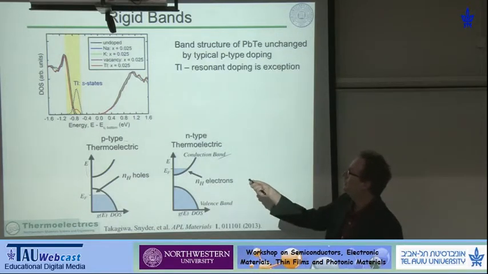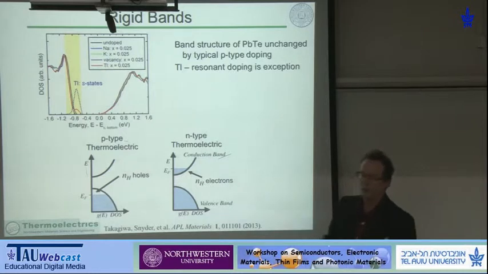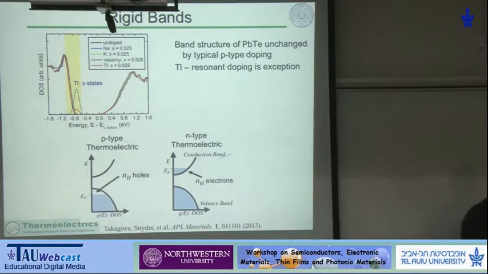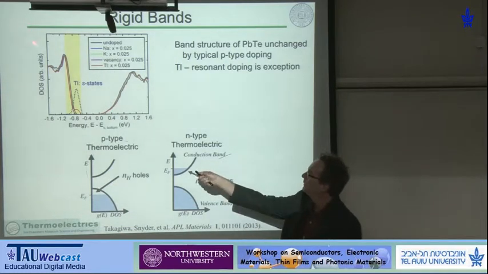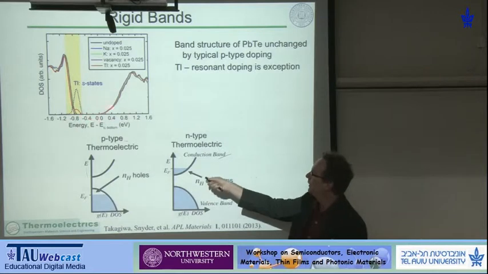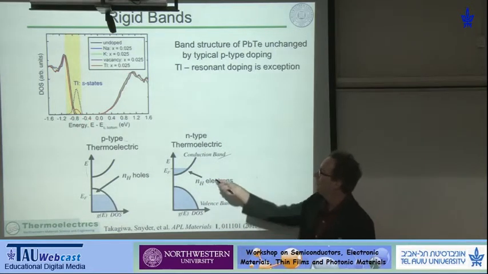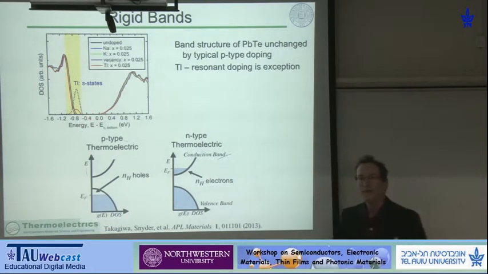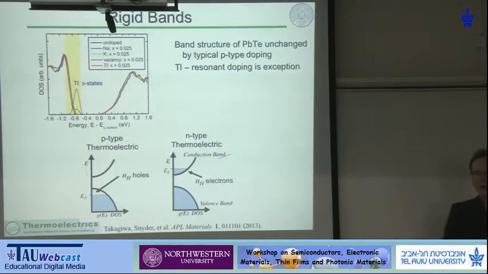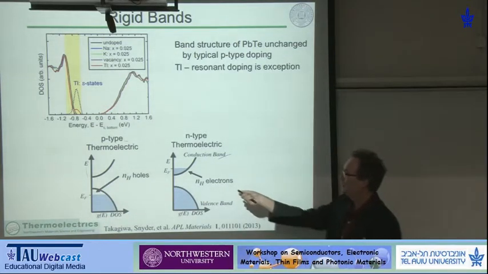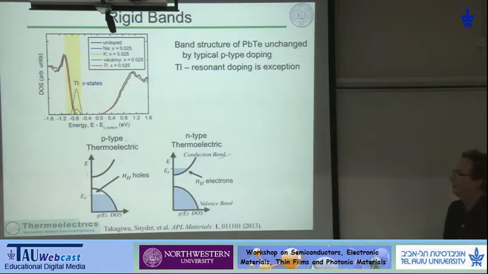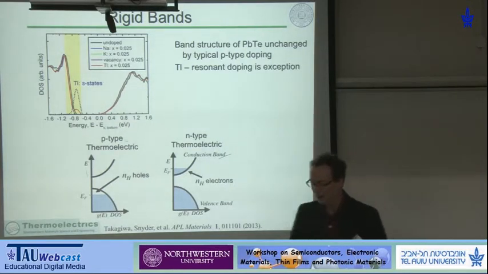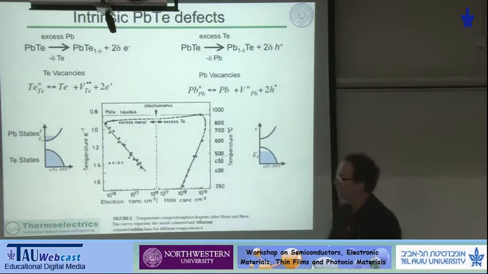If we do some calculations, we can see that many of the dopants that form very easily can also be understood simply as a rigid band system where if we look at the density of states, they're essentially the same. Some dopants, though, such as thallium in lead telluride, can affect the density of states in the band gap region, and so that's not going to be a simple rigid band dopant. But for the most case, we've got rigid band.